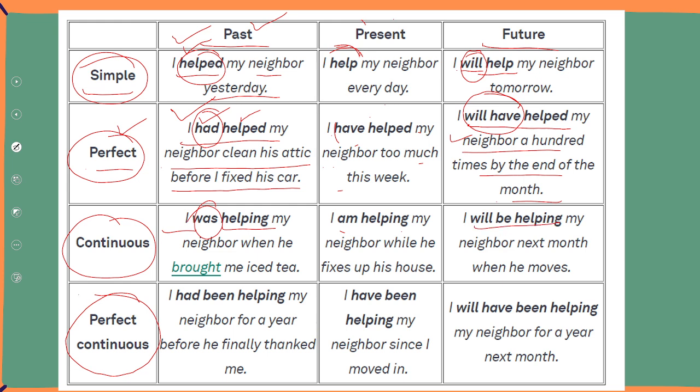Now, for perfect continuous, you will add been and had. I had been, and then the continuous form with ing with the main verb. I have been helping for present, and for future, I will have been helping. So you will add will, have, here have been, and here had been.